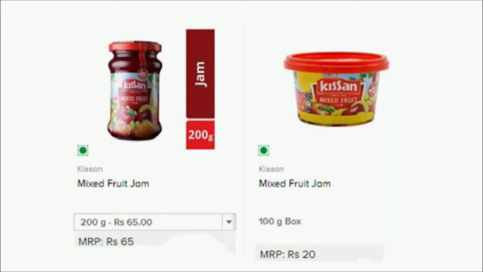Look at these jam bottles. 100 grams of jam is rupees 20. 200 grams of jam should be rupees 40, but here it is rupees 65. So, if you want 200 grams of jam, buy 2 bottles of 100 grams to save money.